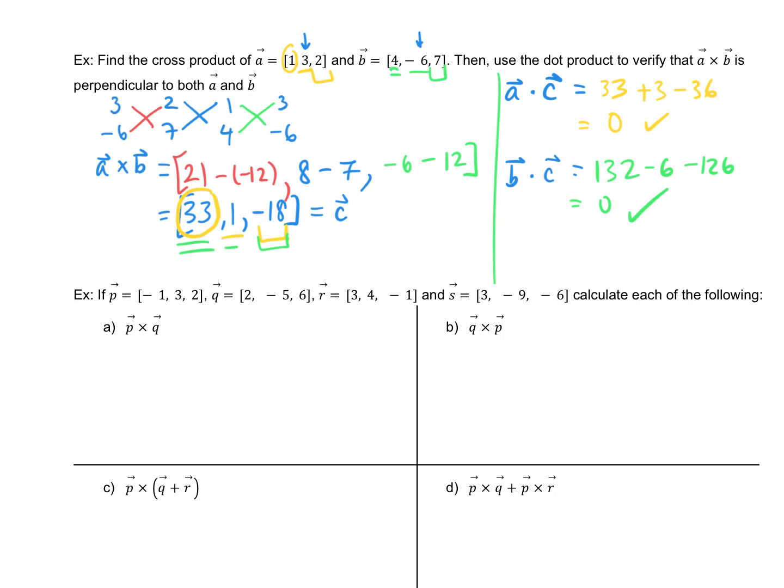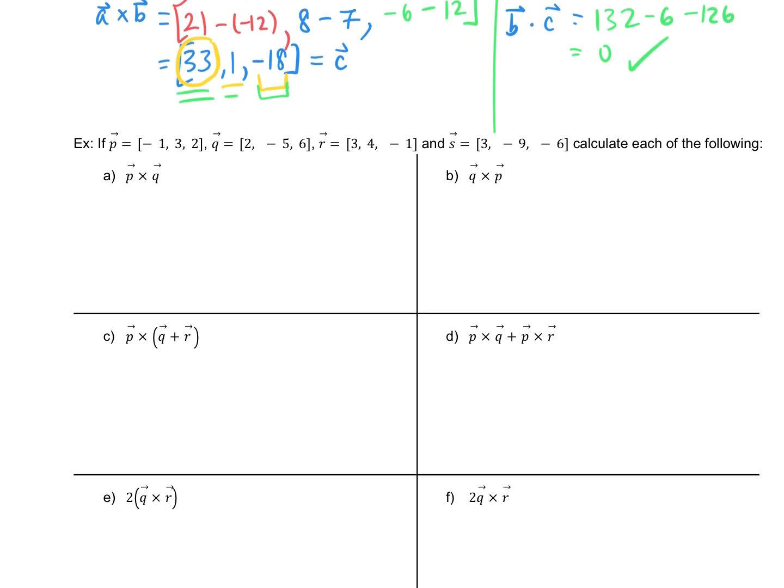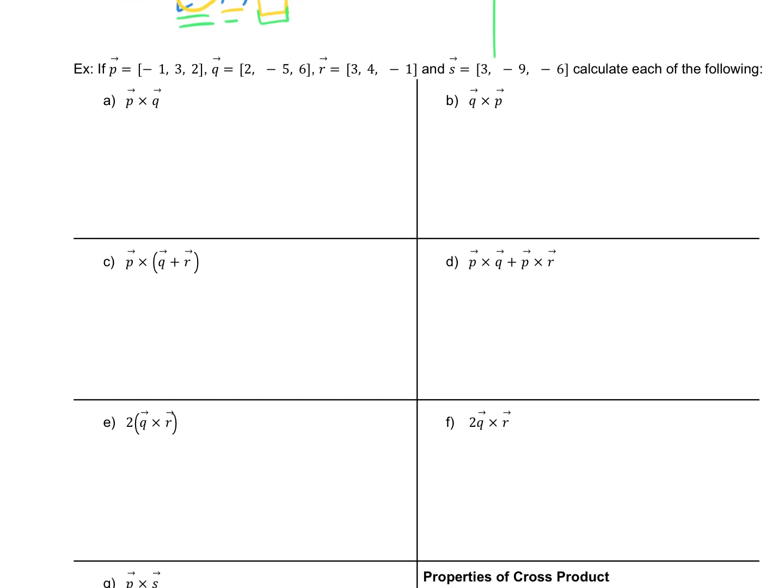All right. Let's just keep practicing that algebraic definition of the cross product while also connecting it to some properties. So I have vectors P, Q, R, and S, and we're going to calculate each cross product. So I'm going to set up P, starting with the second component, 3, 2, -1, back to 3. Then vector Q, -5, 6, 2, back to -5.